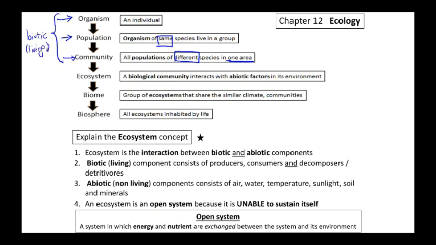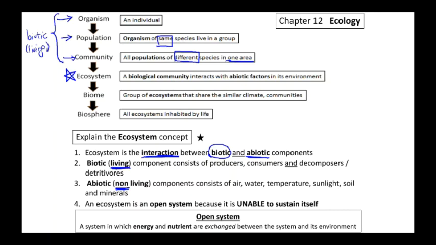Now, when we take into consideration the interaction between the biotic, the living components, and the abiotic, which is the non-living components, this is what we call an ecosystem, which is the main idea of ecology. Ecosystem is the interaction between the biotic and the abiotic components. Like I mentioned just now, biotic, they are the living components.